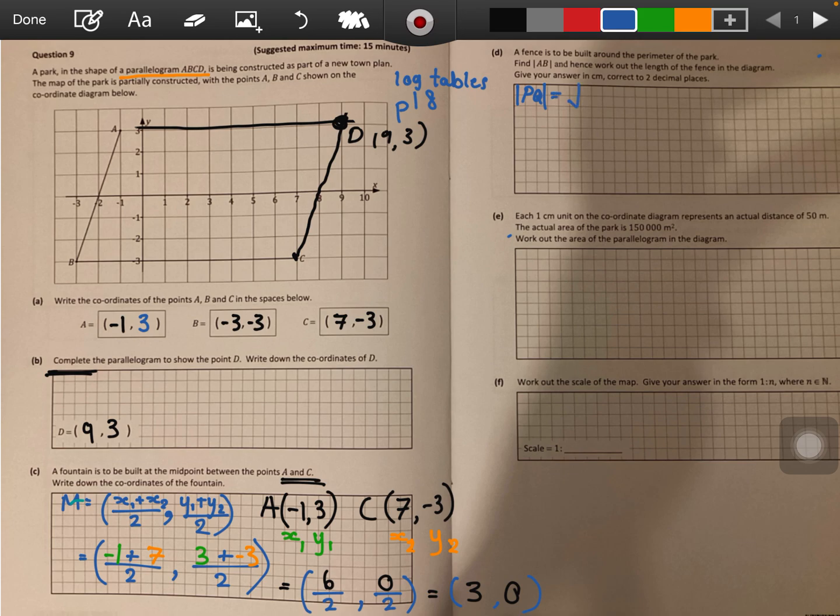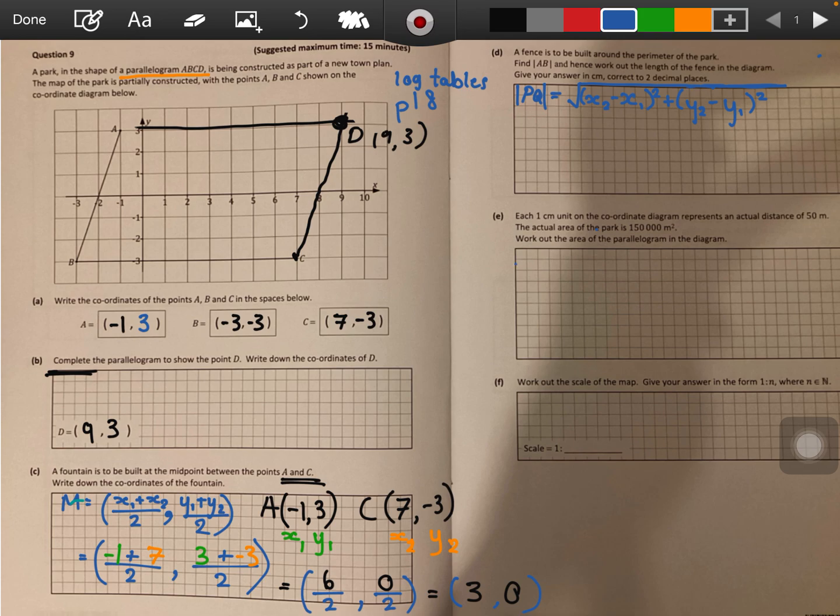Okay, and it's given as the square root of x2 minus x1 squared plus y2 minus y1 squared. Make sure you don't do what I just did. That square root needs to be over the full thing.